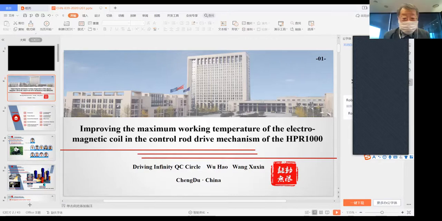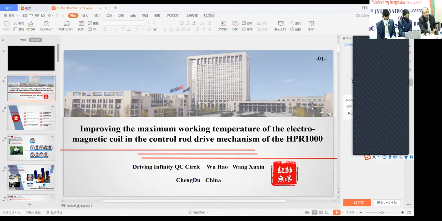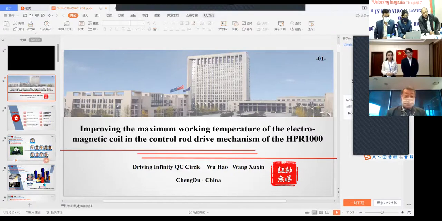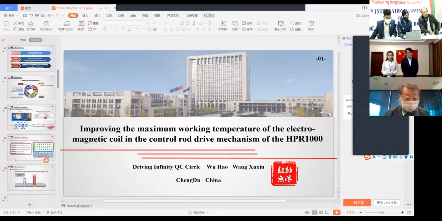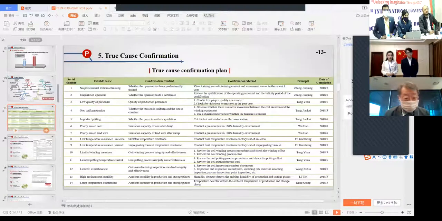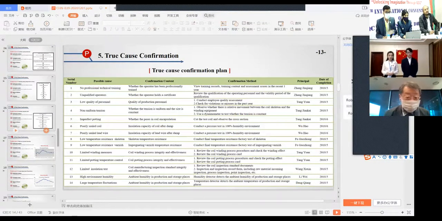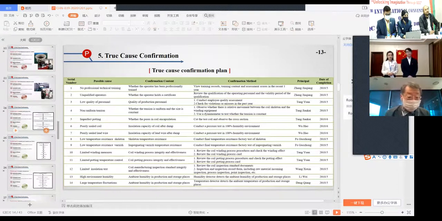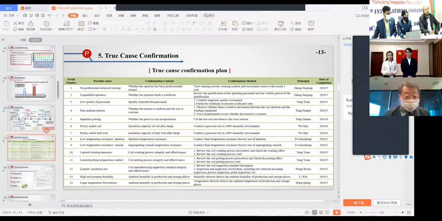Is there any timeline for this project? How many days or months were required to complete this project? Or did you use a Gantt chart for measuring the progress? We did this subject in one year.